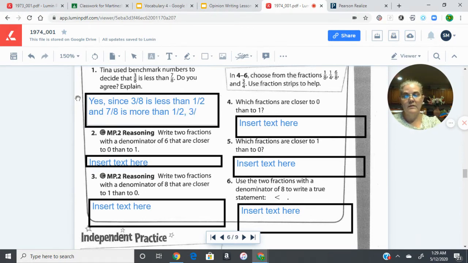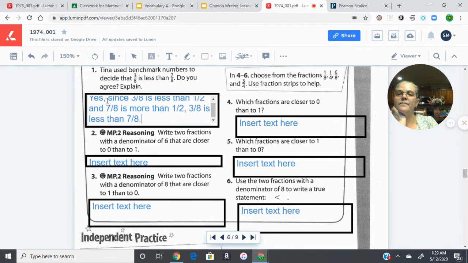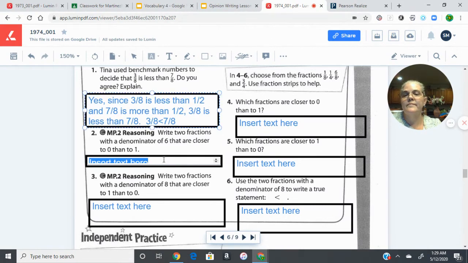Since 3/8 is less than a half and 7/8 is more than a half, 3/8 is less than 7/8.